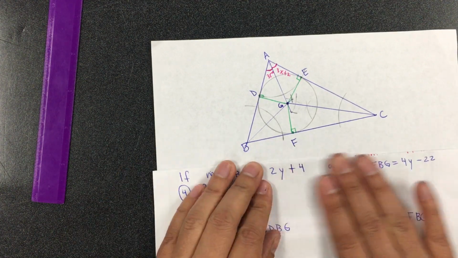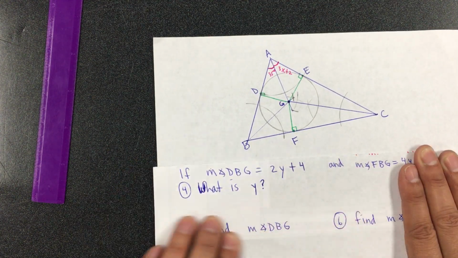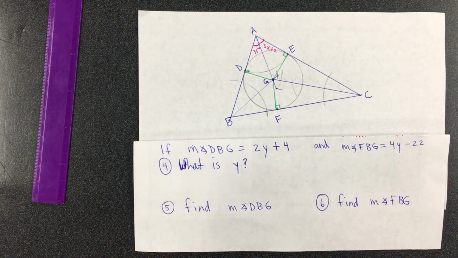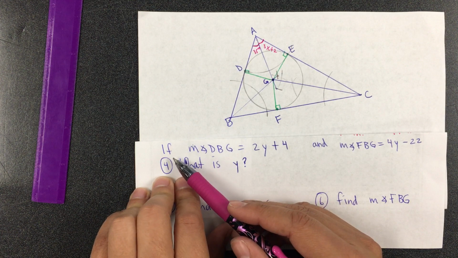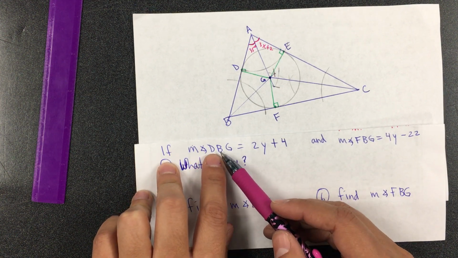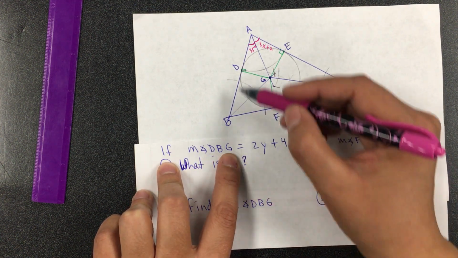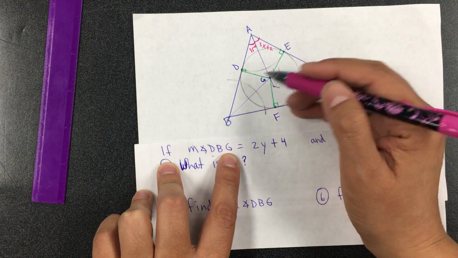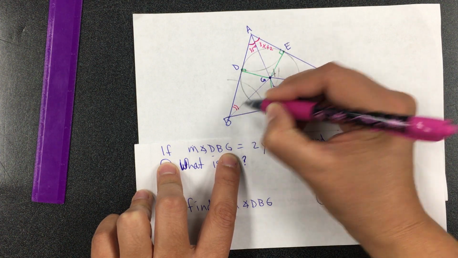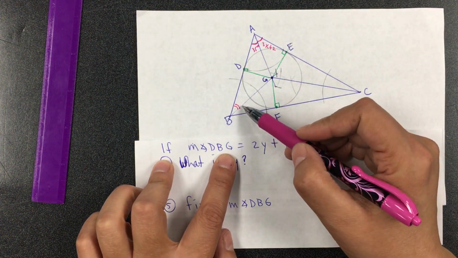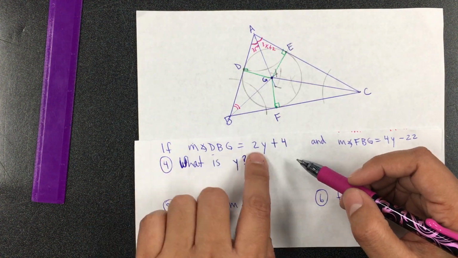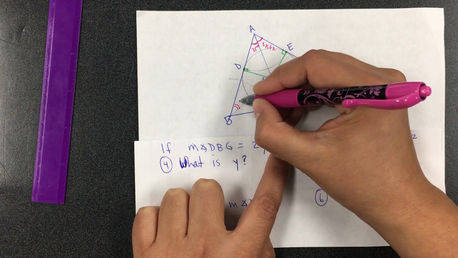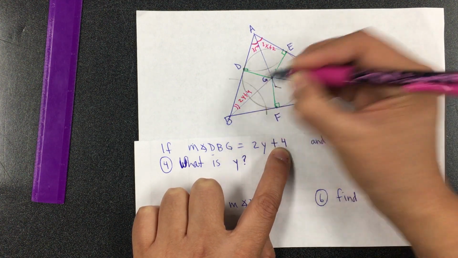If you need to look at the previous examples, just go back on the video, okay? Now it says in here, if measurement of angle DBG is this angle right here, and notice how I'm putting different markings because they're not congruent to this one, okay? Is 2y plus 4, so 2y plus 4.